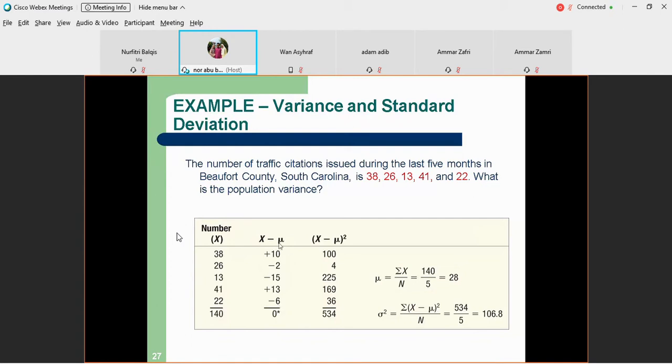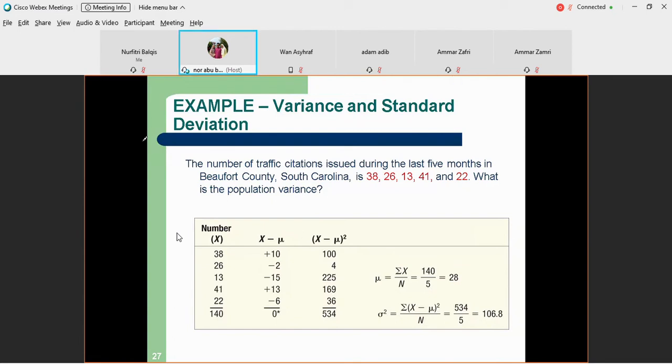Okay, and then you square it. 10 kuasa 2, negatif 2 kuasa 2, 15 kuasa 2. Okay, dah penat buat macam tu, sum up. 5, 3, 4, and then bahagi dengan N, iaitu 5. So, this is your variance. Okay, in order for you to get standard deviation, awak cuma square rootkan saja.